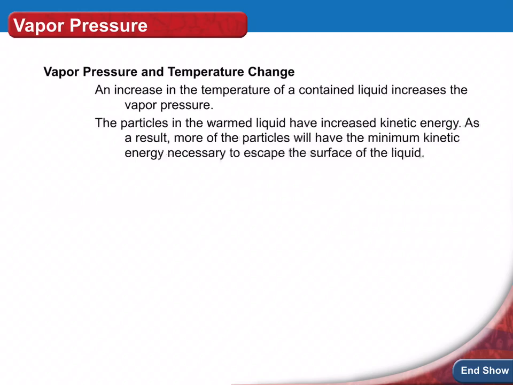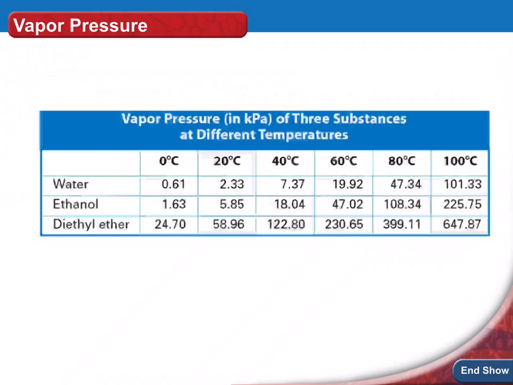It's also going to increase the kinetic energy of those particles. The particles in a warm liquid have increased kinetic energy, and so more of them will be able to break the intermolecular forces.